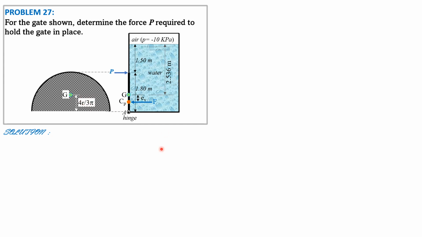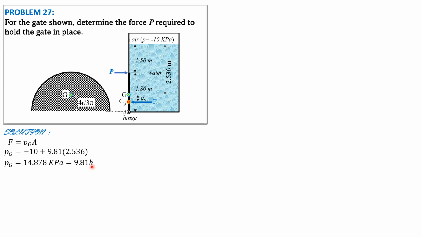So F is pressure at G times area of the gate, where the pressure at G is negative 10 plus specific weight of water 9.81 times 2.536.